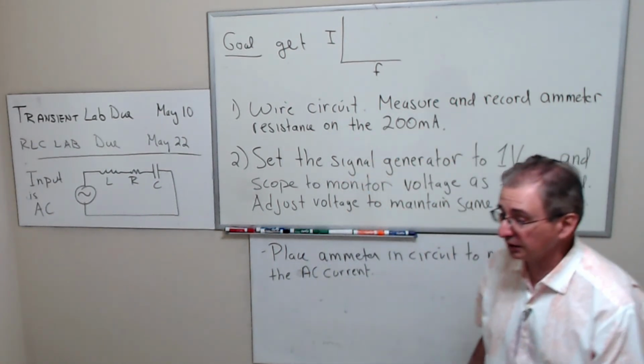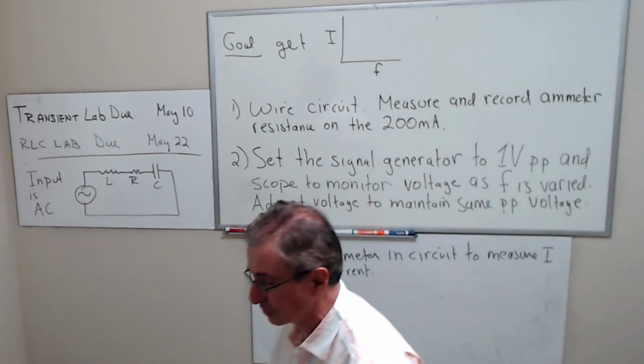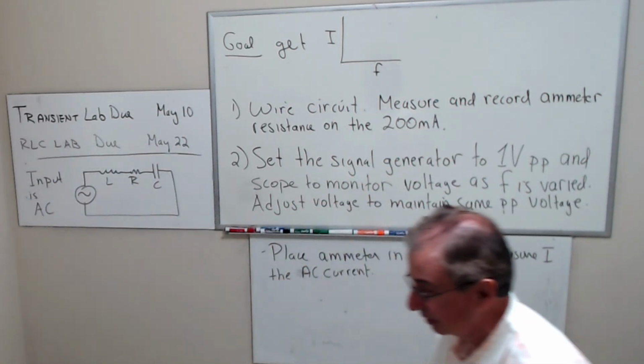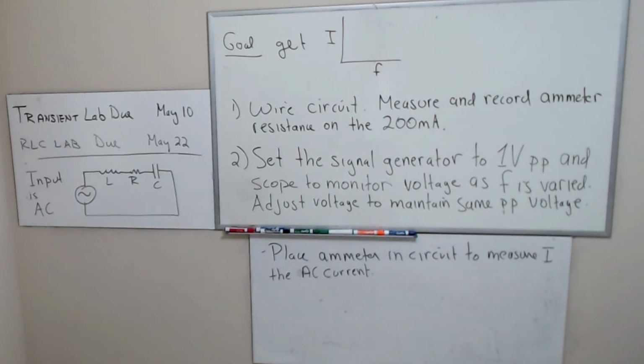You got to use the big multimeter. You cannot use the small one. Forget the small one, okay? The small one is not going to be good for you in this lab.